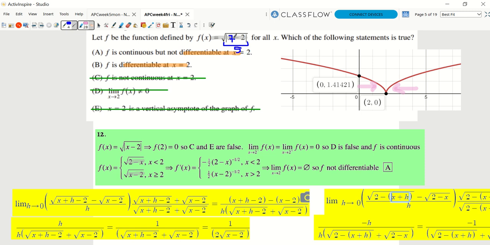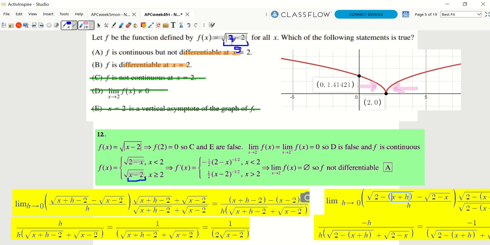So when I pick positive values for x, you just get x minus 2 without the absolute value for x values that are greater than 2.